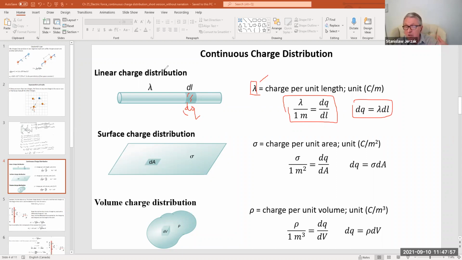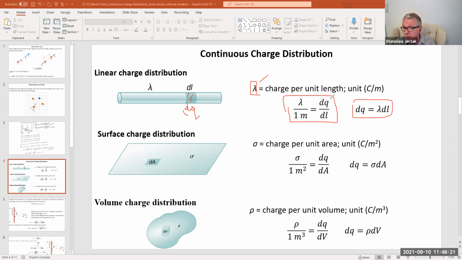It is density because it is the amount of charge per unit of length, and the unit of length is 1 meter in SI units. So lambda has unit coulomb per meter, and of course that ratio dq over dl also has unit coulomb per meter.